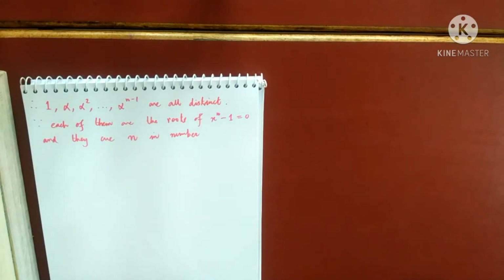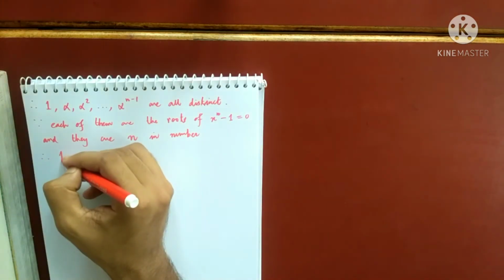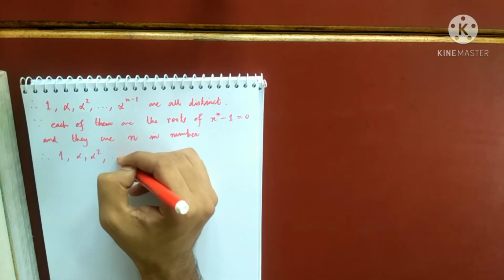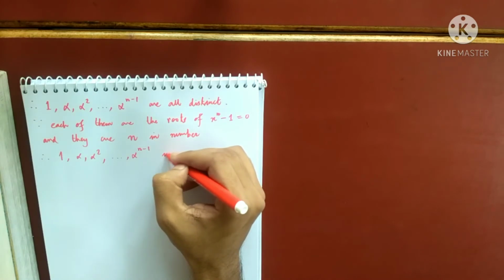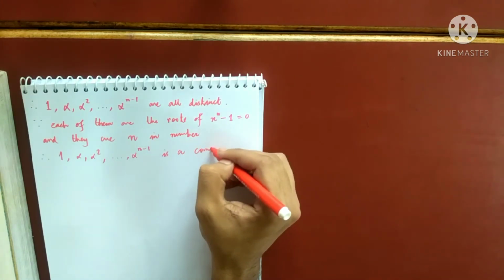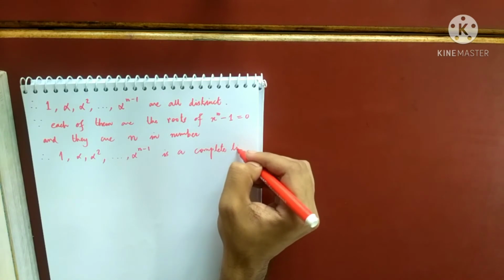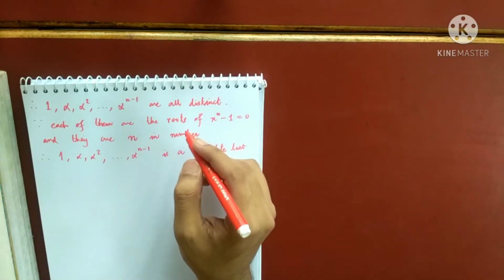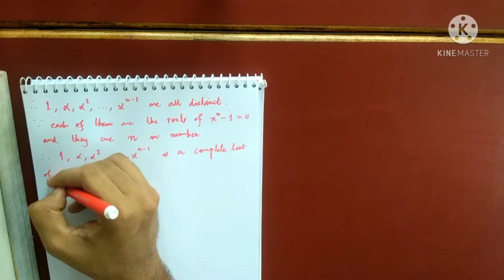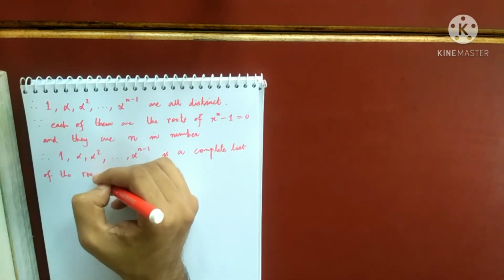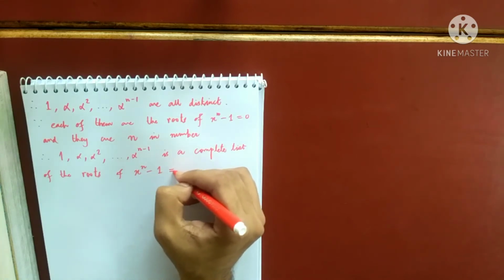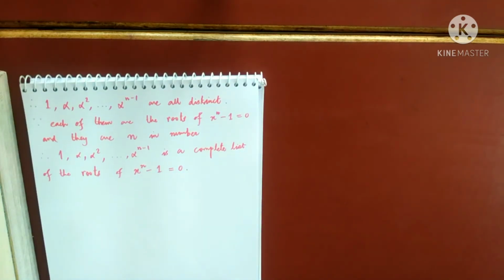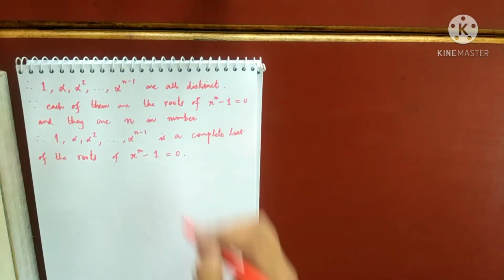So each of them are the roots of this equation and they are n in number. Therefore 1, alpha, alpha square, up to alpha to the power n minus 1 is a complete list of the roots of x to the power n minus 1 equals 0. So this completes the proof of the theorem.